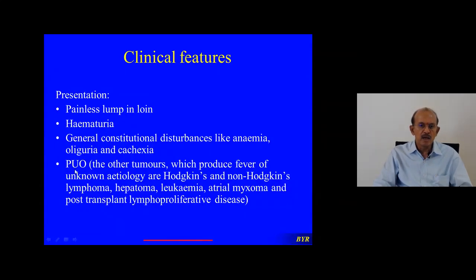That was the earlier name, but the recent name is fever of unknown etiology. They are Hodgkin's disease, non-Hodgkin's lymphoma, hepatoma, leukemia, atrial myxoma, and post-transplant lymphoproliferative disease. So these are the other causes of fever of unknown etiology.